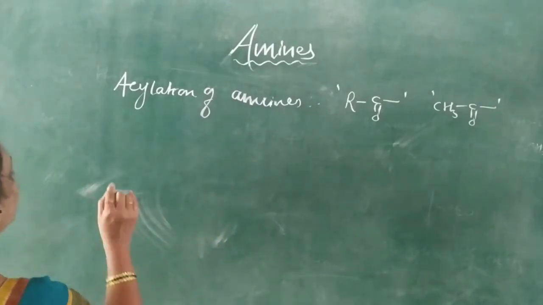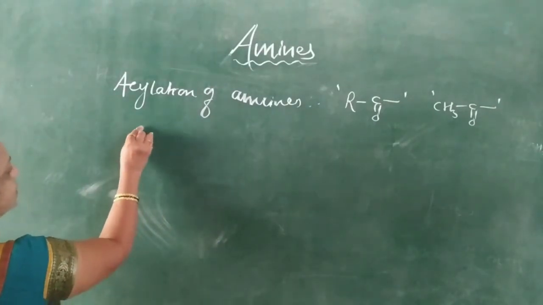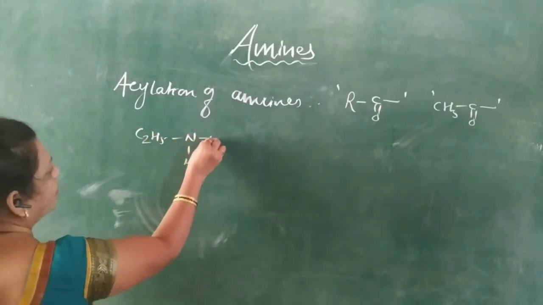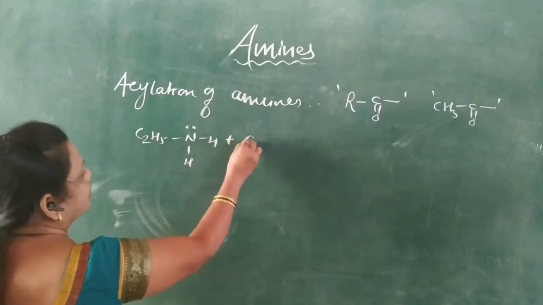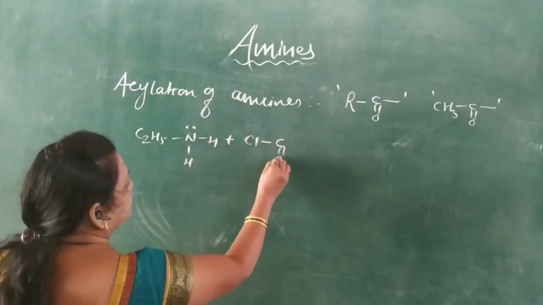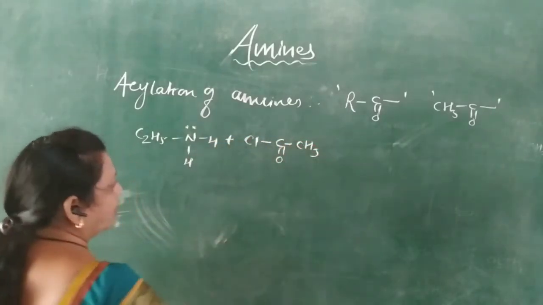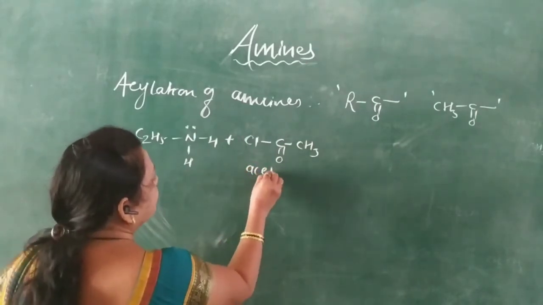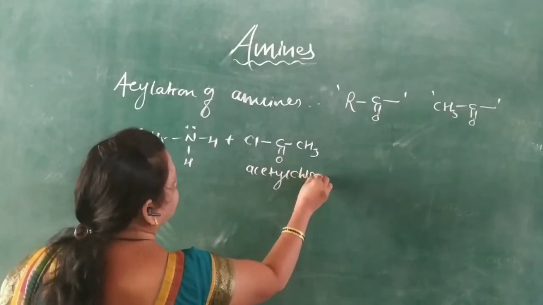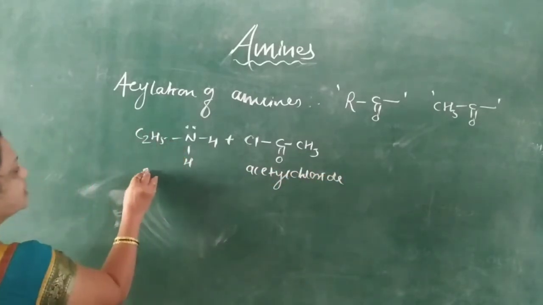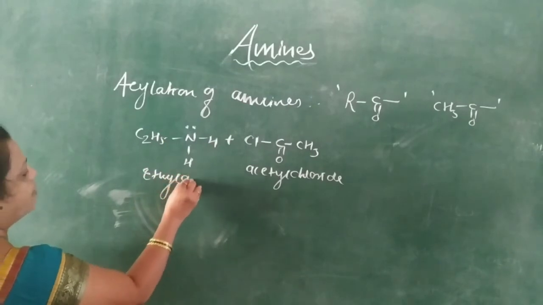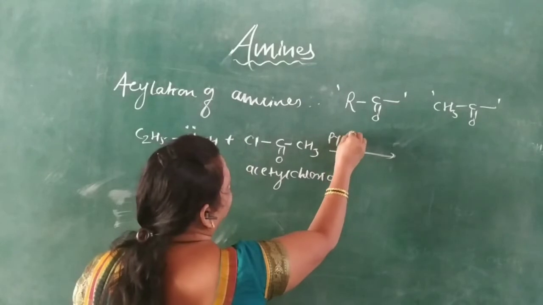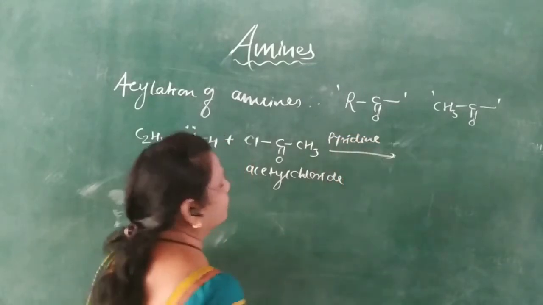So here, acylation of amine: C2H5NH2, a primary amine, plus acetyl chloride, ClCOCH3. For our convenience, it can be written in this way. This is acetyl chloride, and this is ethyl amine, a primary amine, in the presence of a weak base, pyridine.